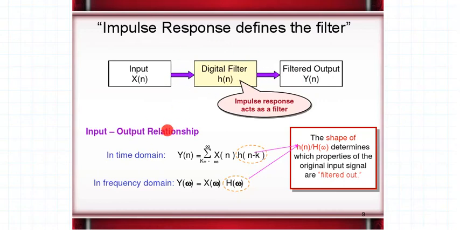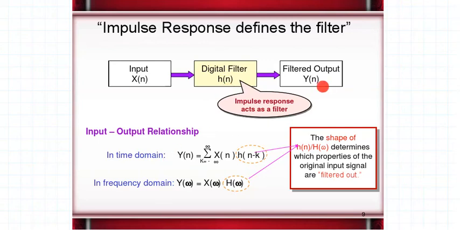The input-output relationship between the input, the filter, and the output is nothing but the convolution relationship, because a digital filter is nothing but an LTI system. So the relation between the three is governed by the convolution operation.